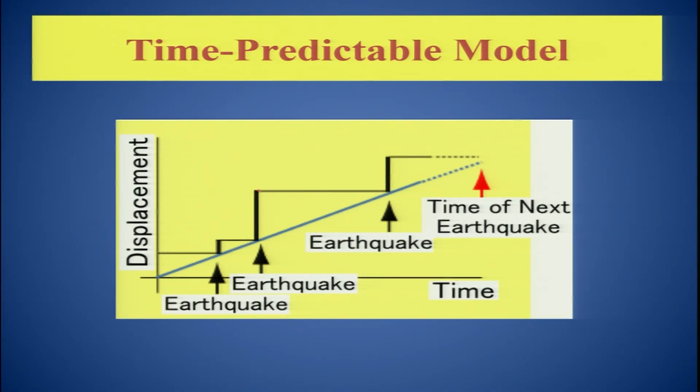So large amount of displacement, hence the time taken before the next earthquake was comparatively larger. But then also with this best fit line, you can predict the time of the next earthquake.